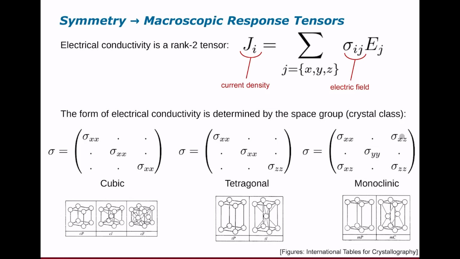So the thing is, when you do a DFT calculation and you calculate the conductivity matrix, this tensor, you should always compare your space group, the form of the tensor it predicts, and what you get. Because in practice, often you will have some small non-zero numbers where you should actually have zero.